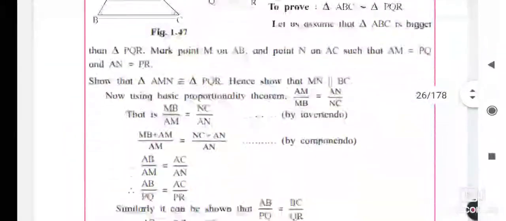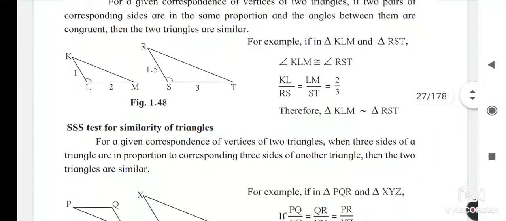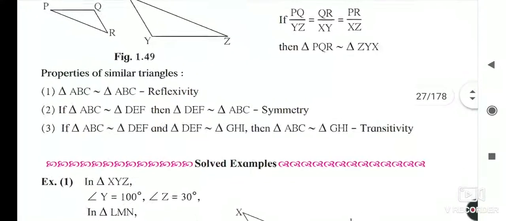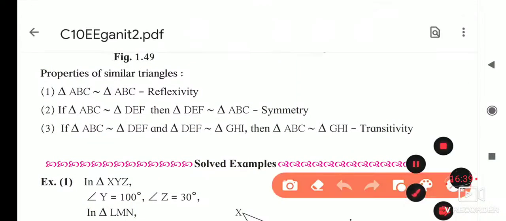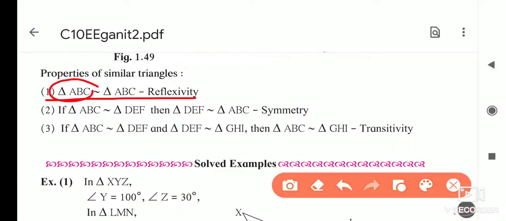Next are the properties. Every triangle is similar to itself. This property is called reflexivity, meaning ABC is similar to ABC.